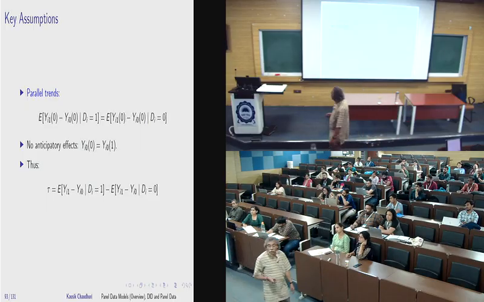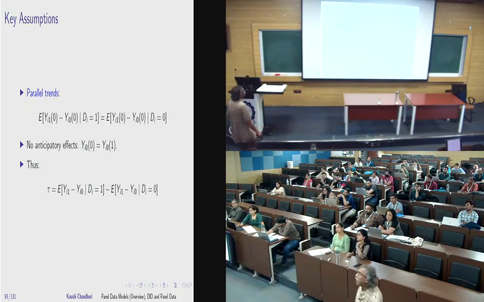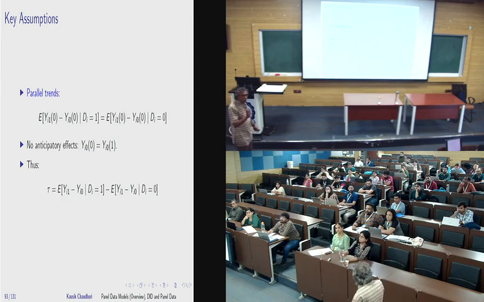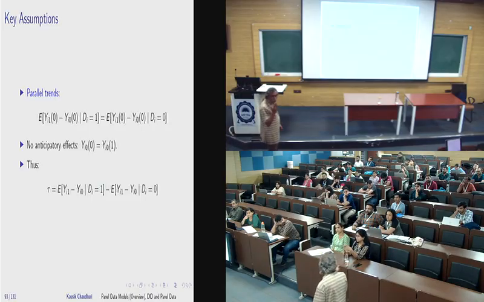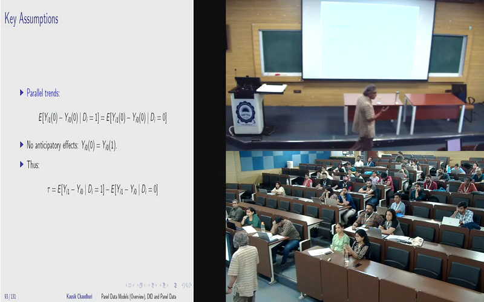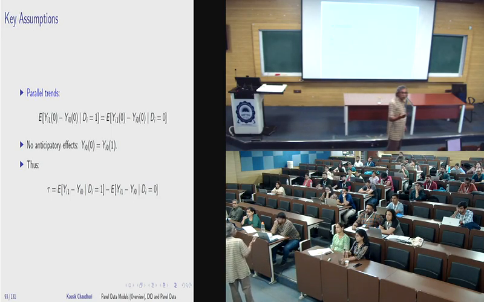Okay. What do I mean by the parallel trend? The parallel trend is basically this: I take the expected value of the difference between Y_i1 and Y_i0 when the policy took place, and then I take the expected value of the same when there is no policy.